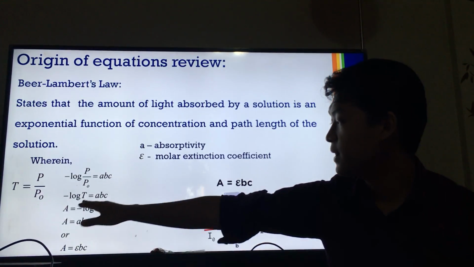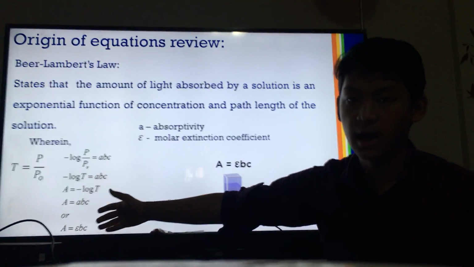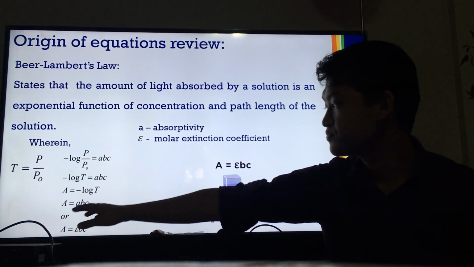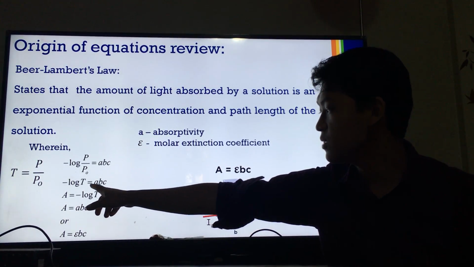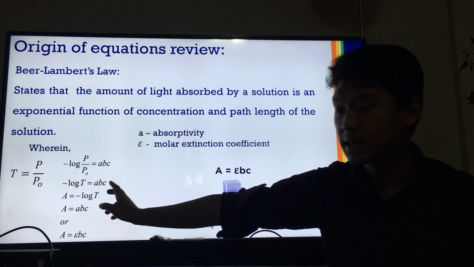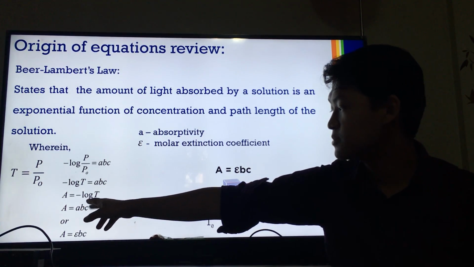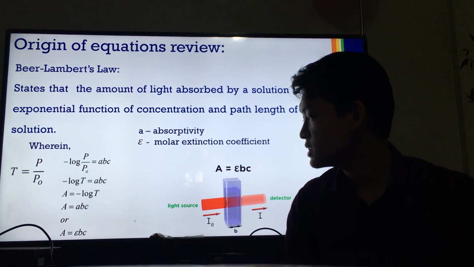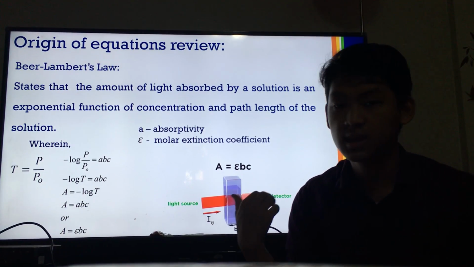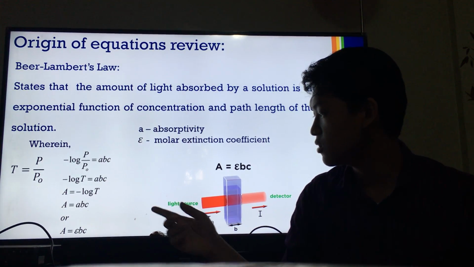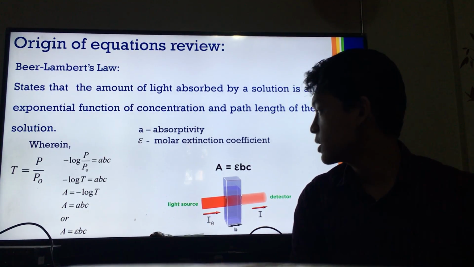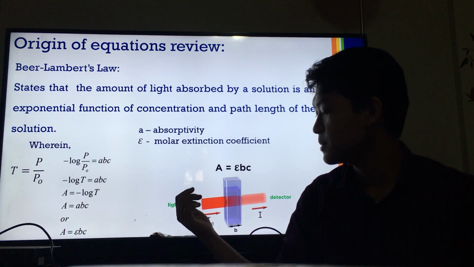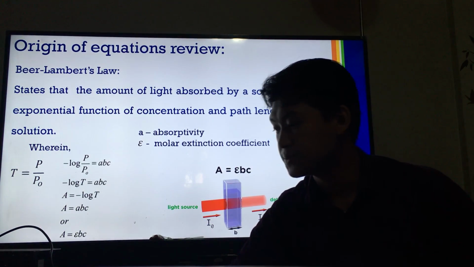By that, we can derive different equations depending on the given. So we have negative log of T is equal to abc, and absorbance is equal to negative log of T, or absorbance is equal to absorptivity times the path length times the concentration, or absorbance is equal to the molar extinction coefficient times the path length times the concentration.